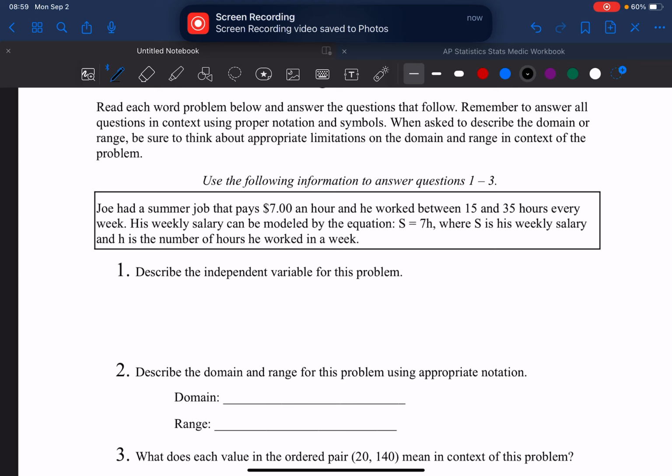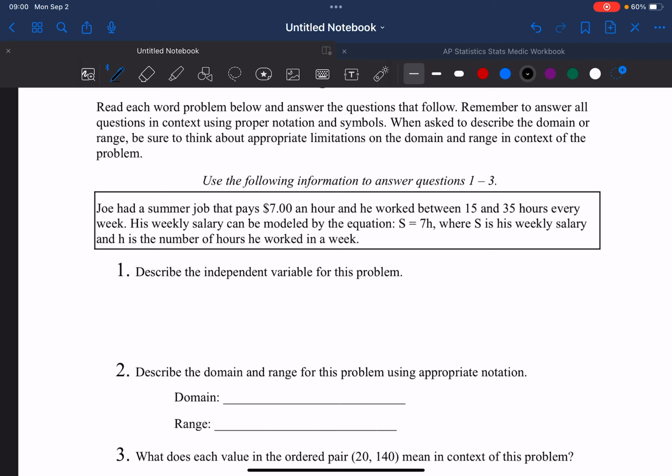His weekly salary can be modeled by the equation S equals 7H, where S is his weekly salary and H is the number of hours he worked in a week. So for the first part, it says describe the independent variable. Okay, independent variable, when we think back to that, is the variable that does not depend on anything else.